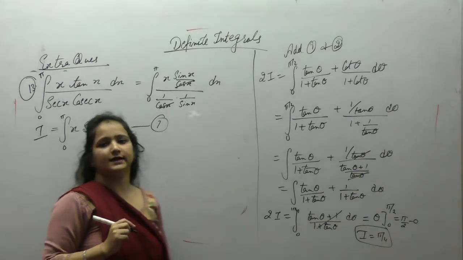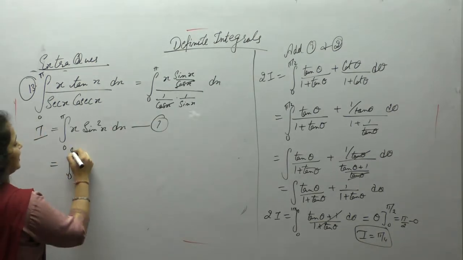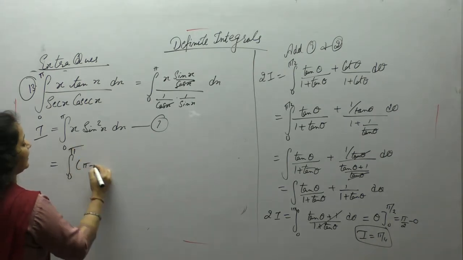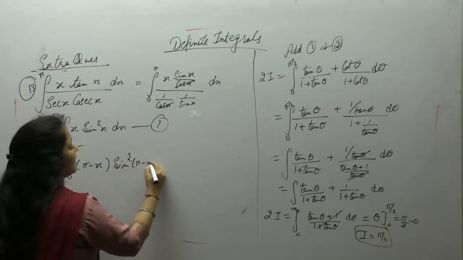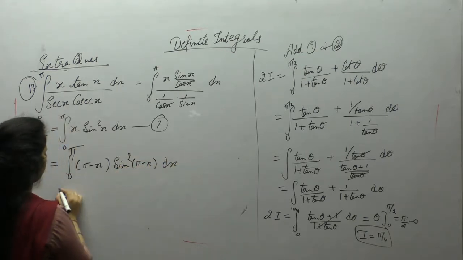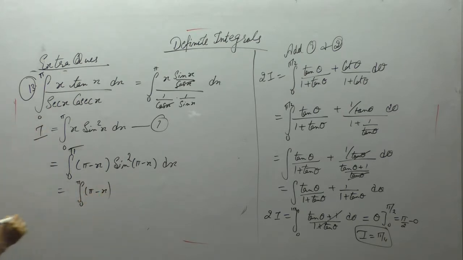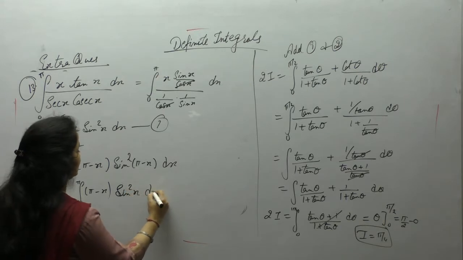Now integral 0 to a f(x) dx, use the property 0 to a f of a minus x. What is a here? It is pi. Pi minus x sin square pi minus x, 0 to pi. Sin pi minus x is equal to sin x, so sin square x dx.